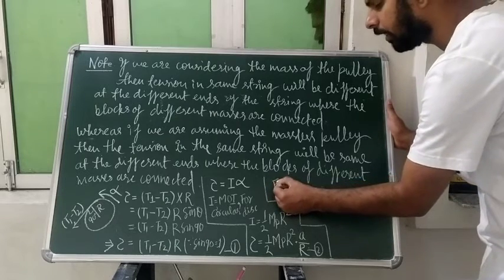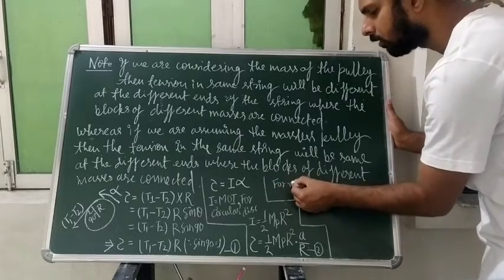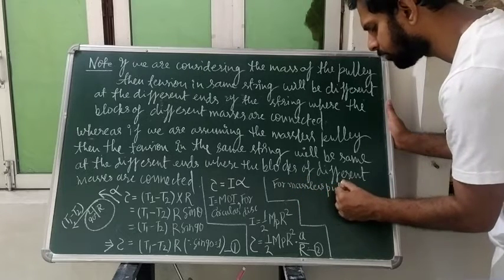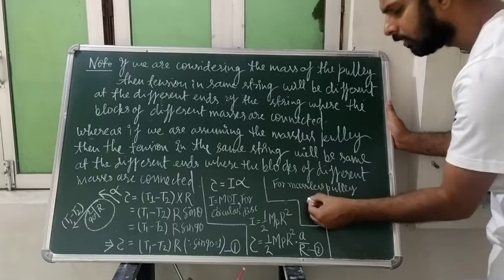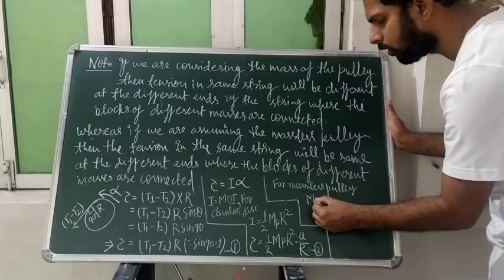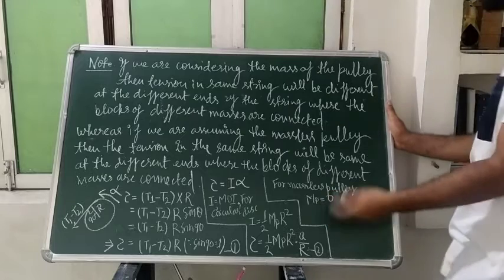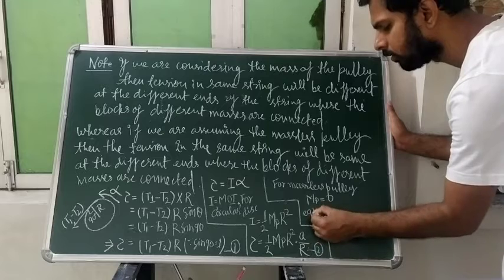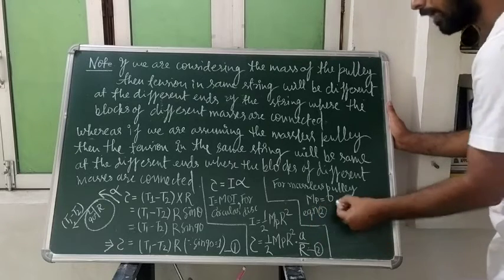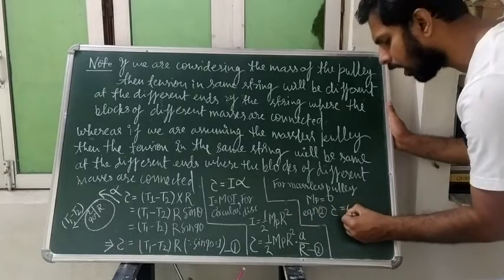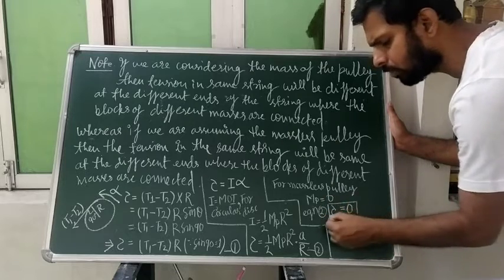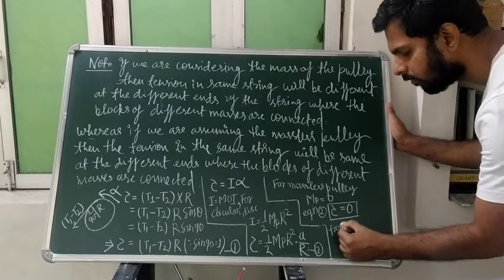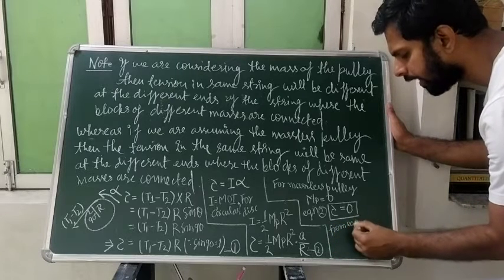So for a massless pulley, the mass of the pulley M P will be equal to 0. So from equation 2, torque tau will become equal to 0. So from equation 1, what can we say?